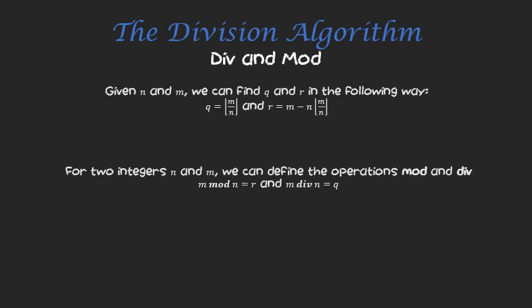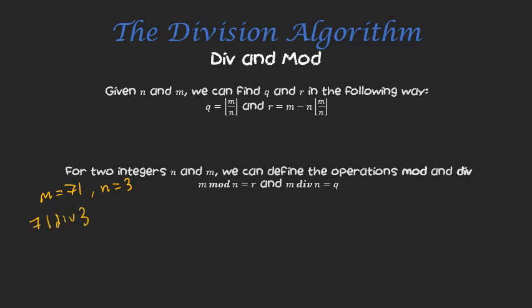Let's take a look at an example just to see how this works. So let's say m is 71 and n is 3, then we can calculate 71 div 3.